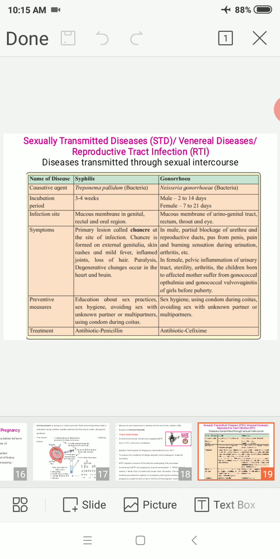Incubation period for syphilis is 3 to 4 weeks. For gonorrhea, in males it is 2 to 14 days, and in females it is 7 to 21 days.